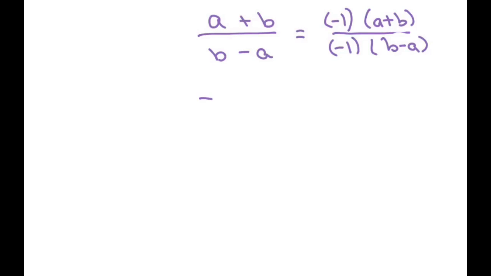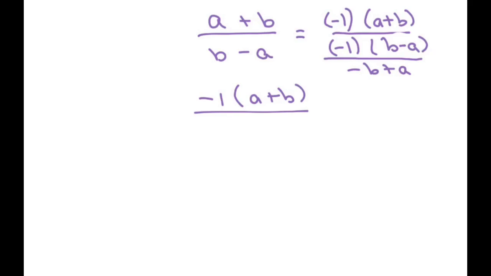So that leaves a negative in the numerator. But if I distribute this, I'm going to get negative b plus a, which is the same as a minus b. And I think this was supposed to be minus. So this should have been minus. Sorry, I'm trying to go too fast. Okay. So then once we do that, we get a minus b.